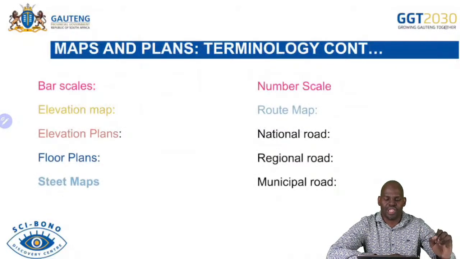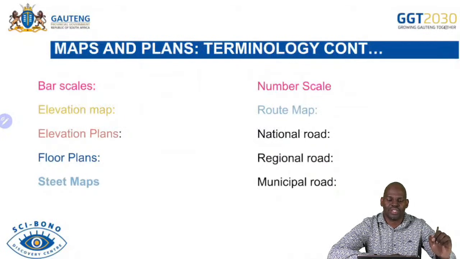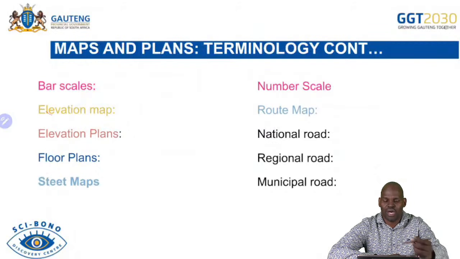As I indicated at the beginning, boys and girls, in Maths Literacy terminologies are very, very important. So in these maps and plans, we'll be working with bar scales, elevation maps, elevation plans, floor plans, street maps, number scale, route map, national road, regional road, and municipal road.